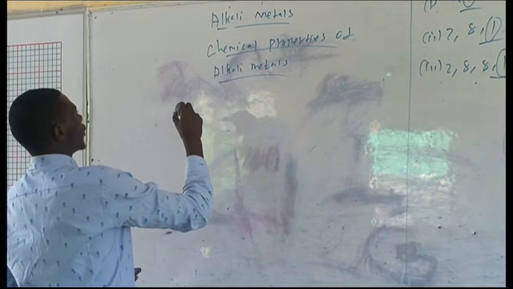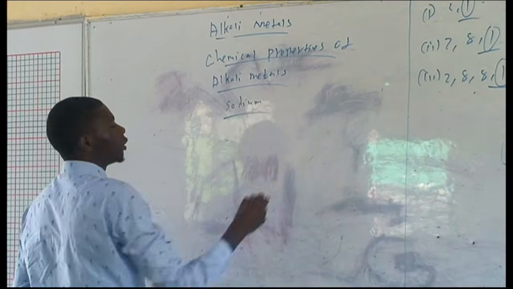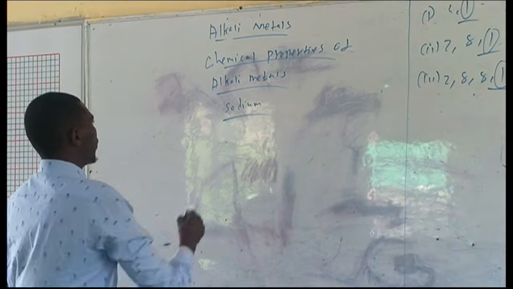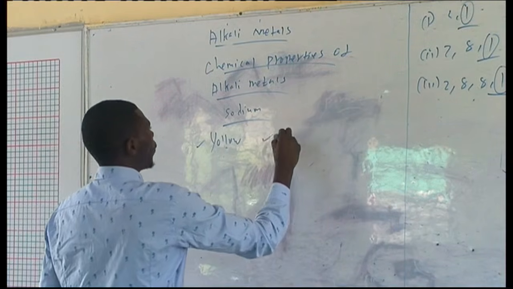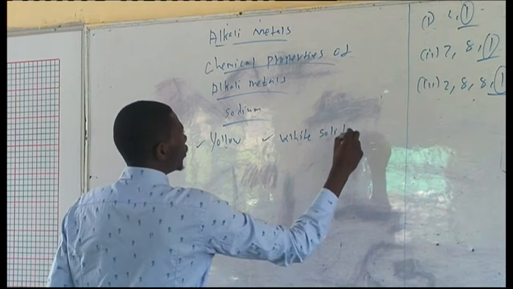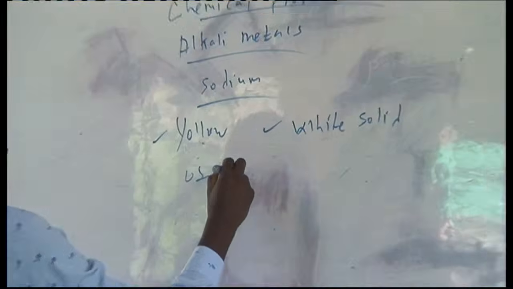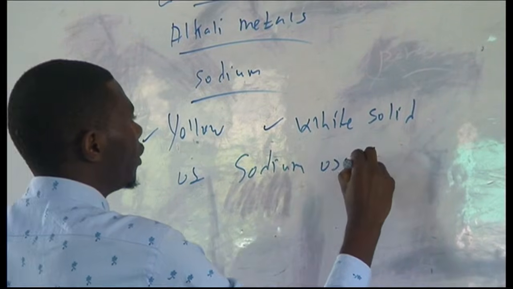So when we start with sodium, it produces a yellow flame and a white solid of sodium oxide.